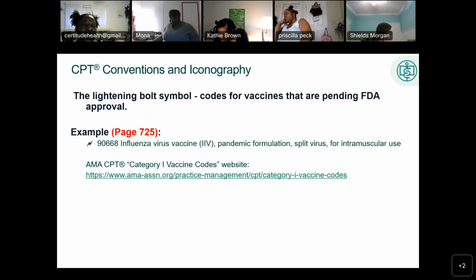So if you have a lightning rod in front of the vaccination, it means that they are pending FDA approval. But if they're pending approval, they could still be used. Once they submit that application for approval, they can still be used. They don't have to have full approval from the FDA.